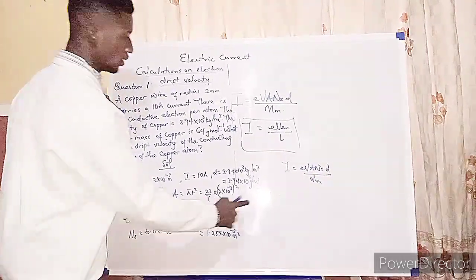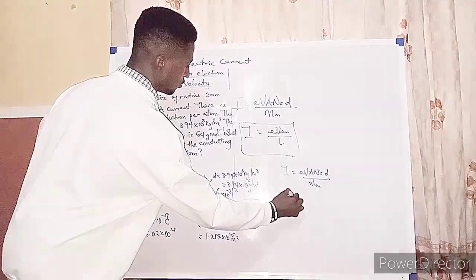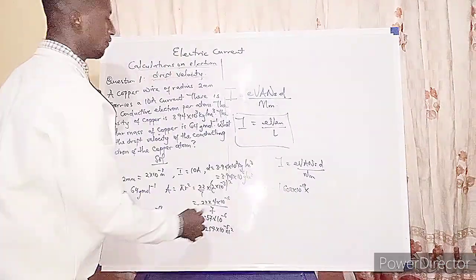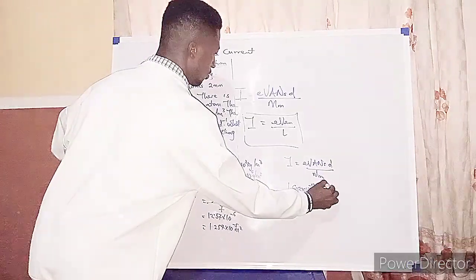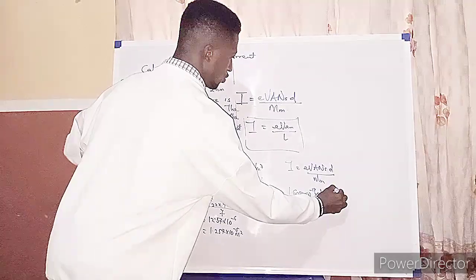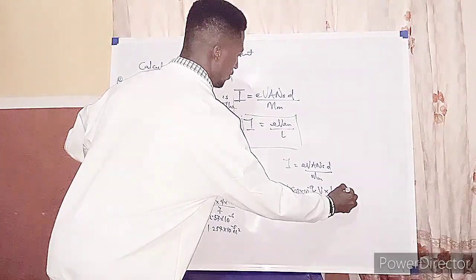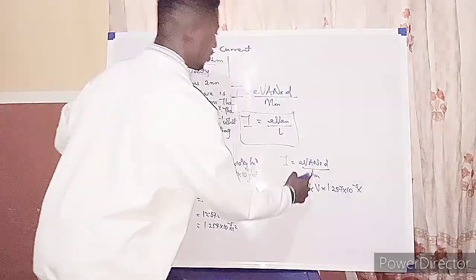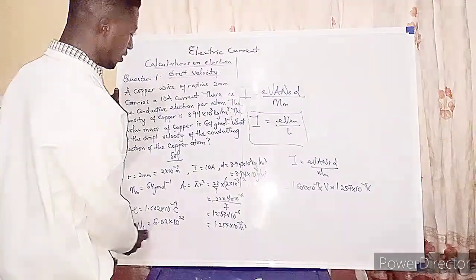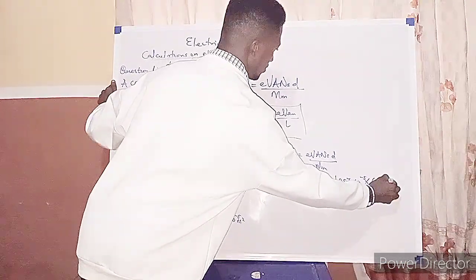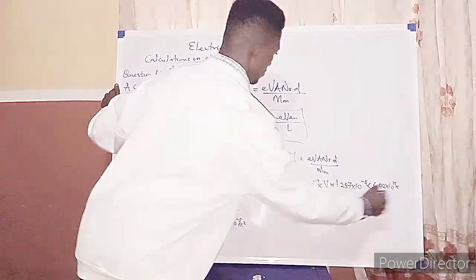Okay. E is 1.602 times 10 to the power minus 19 times v. V is our drift velocity which we are looking for, times area. We've gotten our area to be 1.257 times 10 to the power minus 5, times what do we have as N? N is our Avogadro's number of atoms, that is 6.02 times 10 to the power 23, times what's our D?